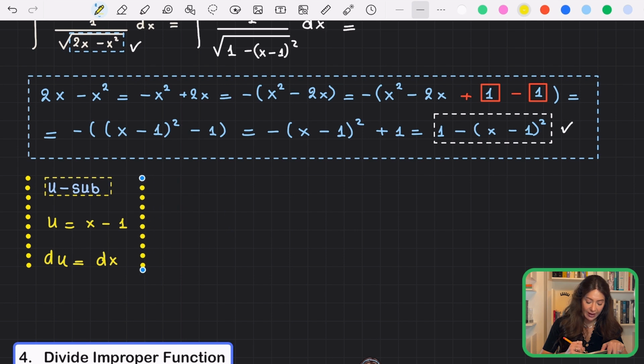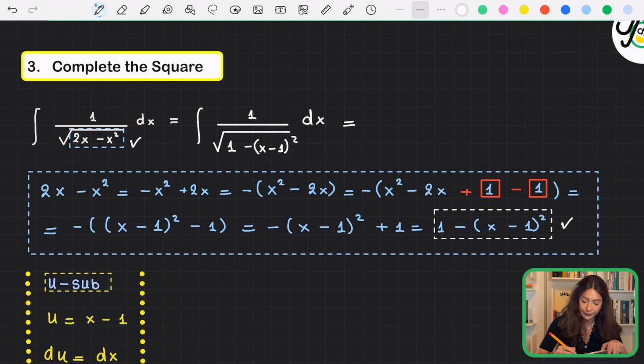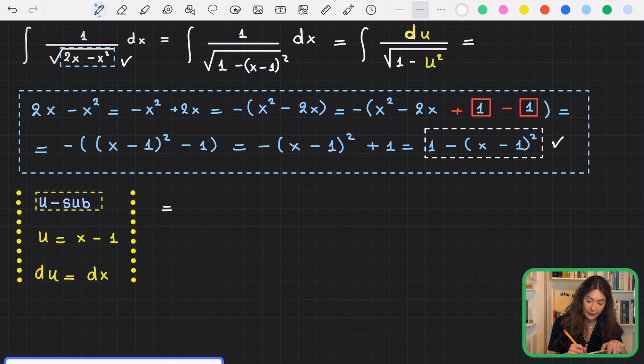Okay, I can rewrite this integral. Now it's going to look exactly like the basic rule of integration, which is the whole purpose of this video. This is the difficult part in calculus, to make the integrals that you're presented with look like one of those basic rules of integration. So now it looks exactly like arcsine, right?